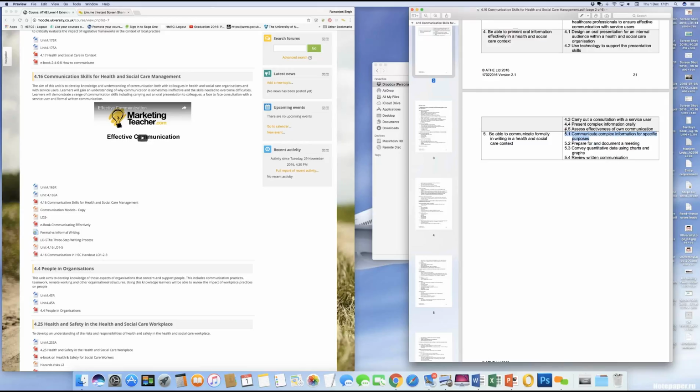right? So if I have to communicate complex information for a specific purpose, I would take an example of a flu jab here, which is a complicated piece of communication which needs to go only to the targeted audiences who are able to get this flu jab free of cost, or, for example, need this flu jab during the winters.